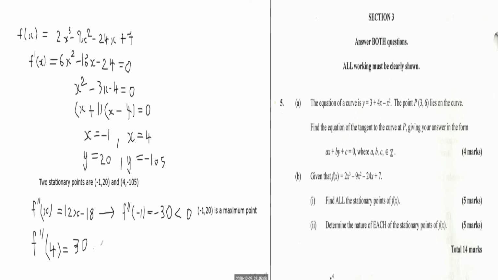And 30 is greater than 0. And so we can conclude that 4, negative 105 is a minimum stationary point. Nice and easy.